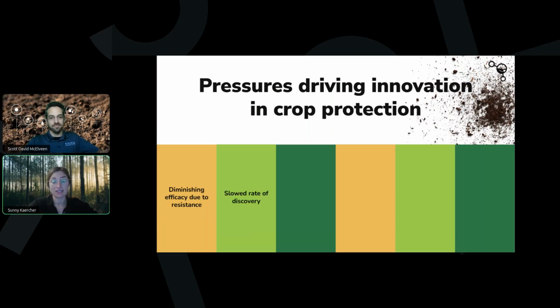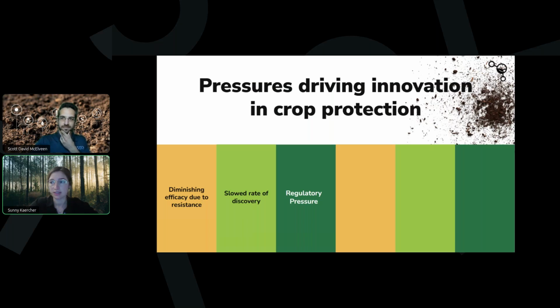Slowed rate of discovery. So there's a lot of challenges around developing novel compounds and ultra low dose actives, degradable compounds, selective toxicants, and novel modes of action. Regulatory pressure. This is a big one, of course, coming from federal, state level, and local level regulatory bodies.